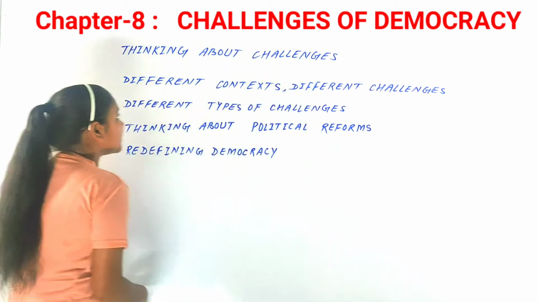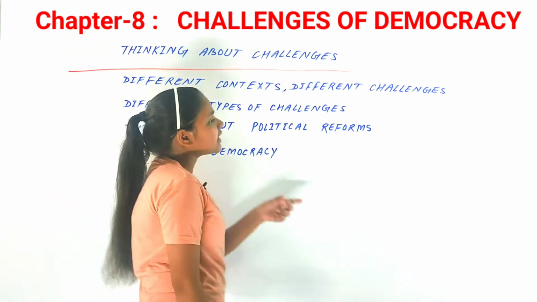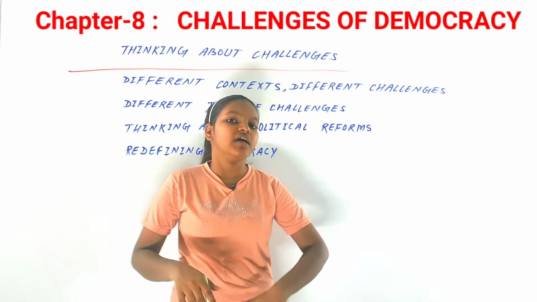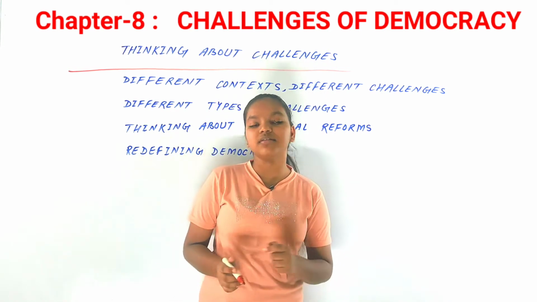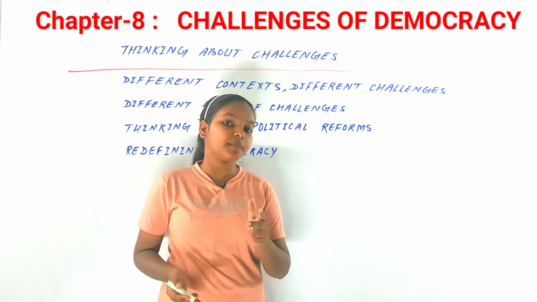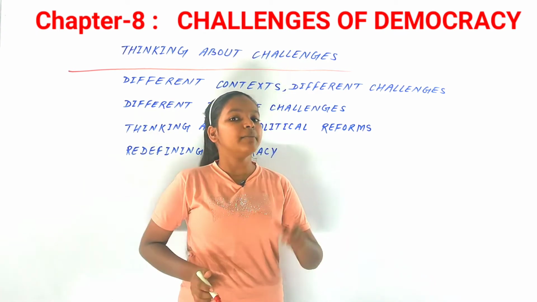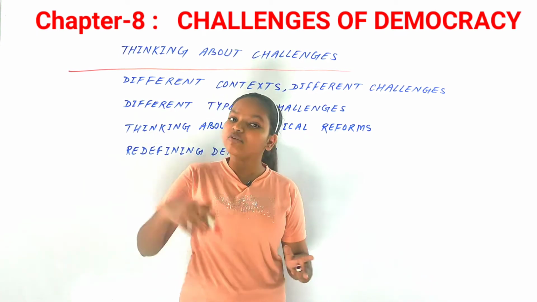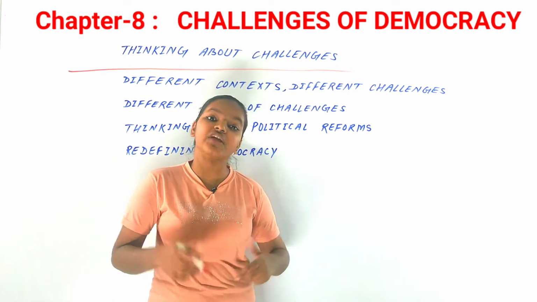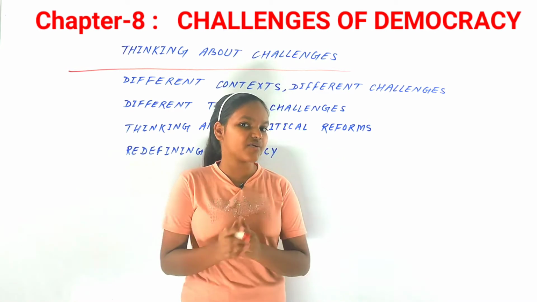Our first topic is thinking about challenges. In previous chapters of this book, we saw that there are many countries, more than 100, that have adopted a democratic form of government. But if you look at the political map of 2000, even today around one quarter of the whole world is still not democratic.